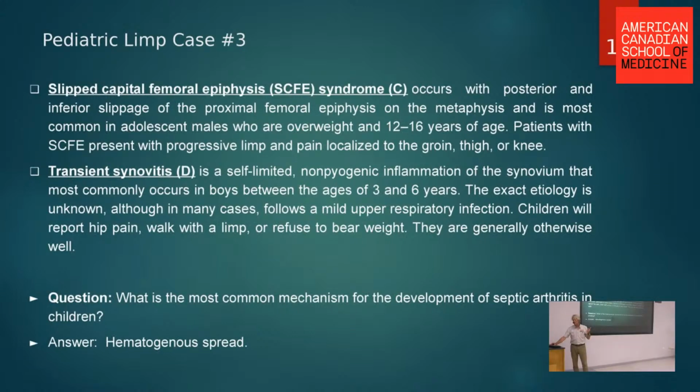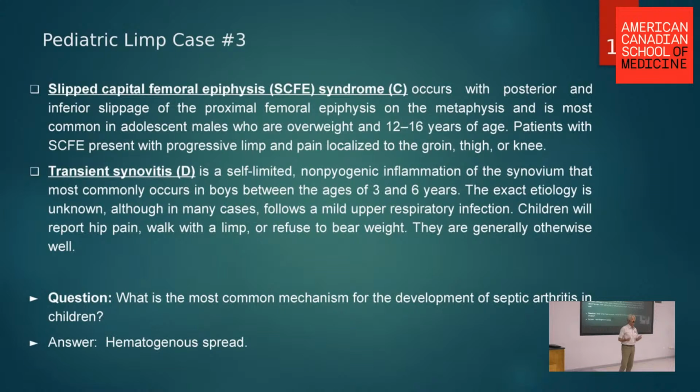So we talked about 3 or 4 different conditions: transient synovitis, SCFE, and septic arthritis. So when a child comes in limping, refusing to bear weight on a leg, those are a couple of things that need to be in your differential. And again, take that history in a little kid. If an under 2-year-old is refusing to weight bear on a leg, remember we talked about considering child abuse, depending on if there was or wasn't injury.